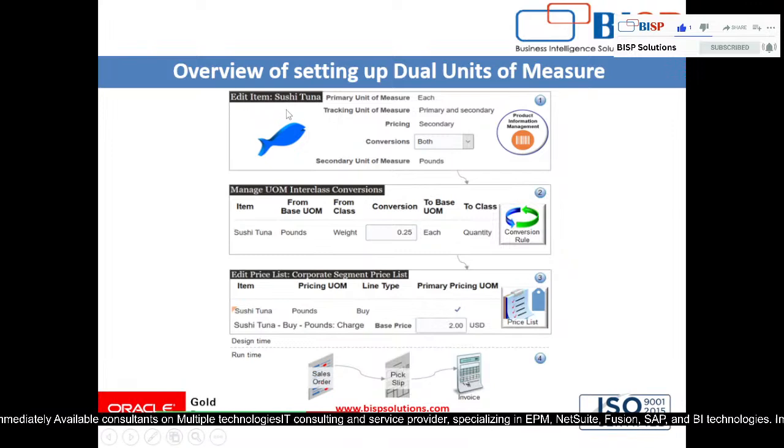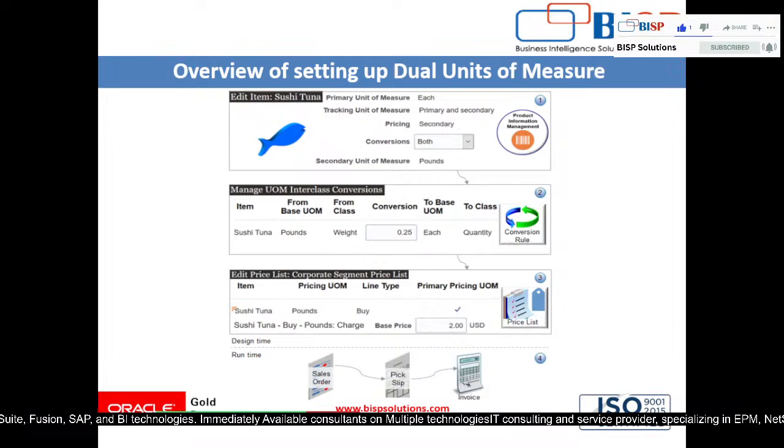It starts from creating the item in our application, in product information, product management. At that time you have to set the unit of measure. The first one is the primary unit of measure and the second one is the secondary unit of measure. At that time you also have to define the tracking unit of measure as well as the pricing unit of measure at the pricing level, right?